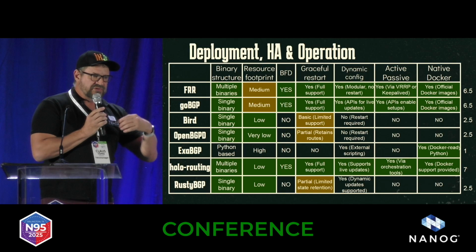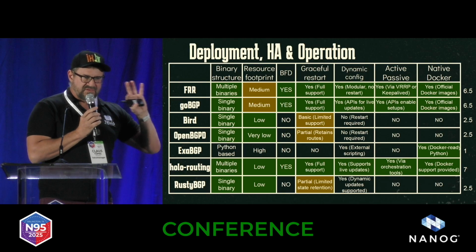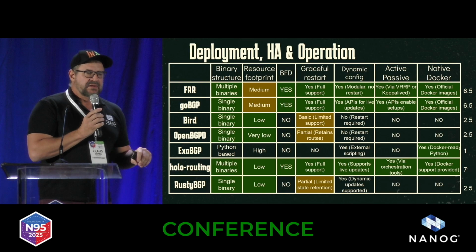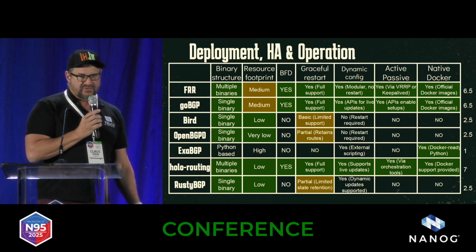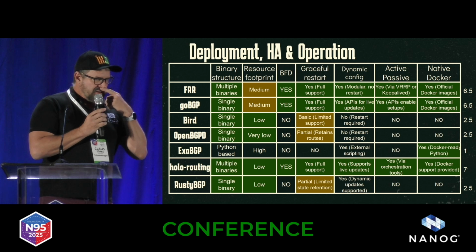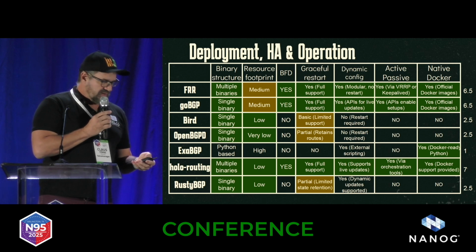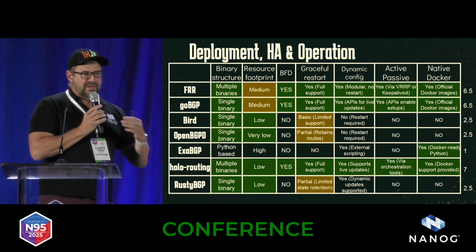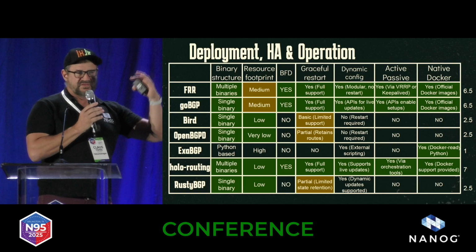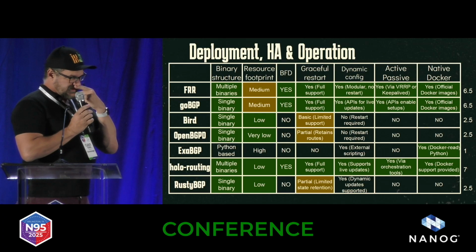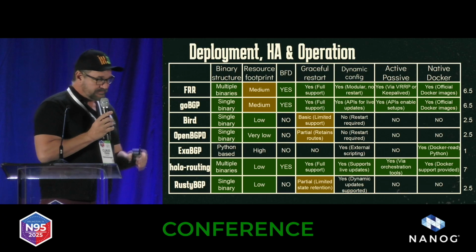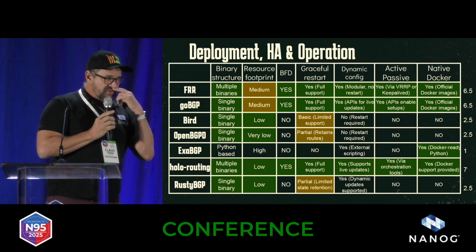You can add all the libraries and necessary things in just a small container, which shows how much footprint you're using. It's interesting to know that some have lots of binaries: FRR has several binaries, while GoBGP is just one, and Bird as well.